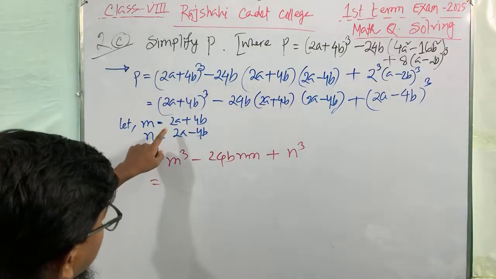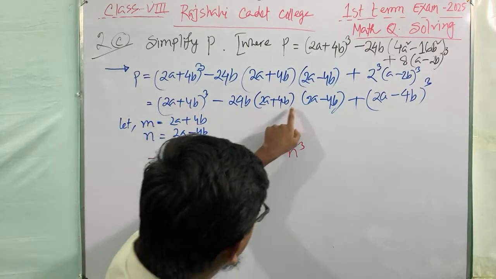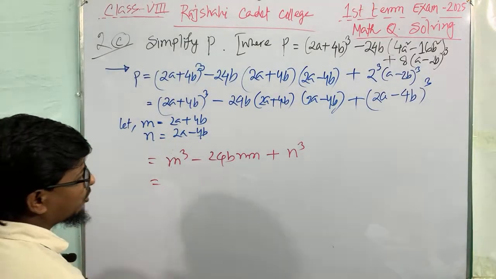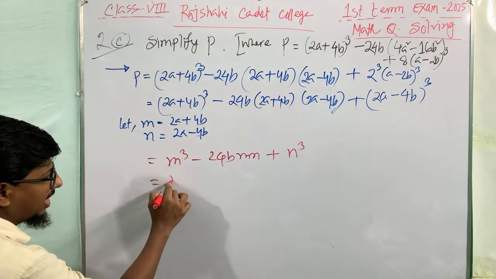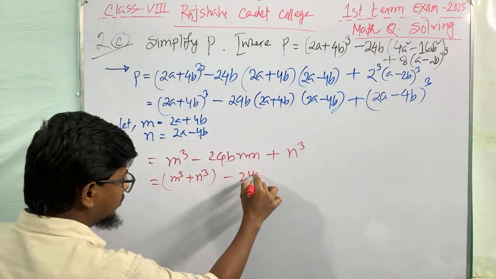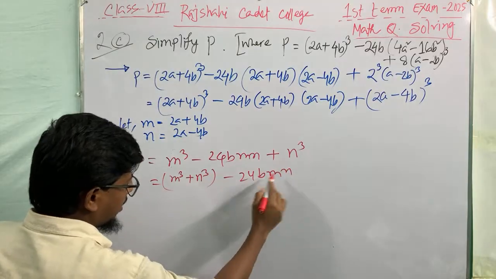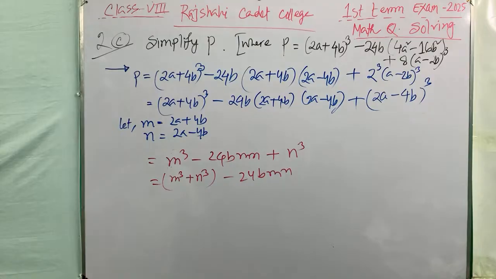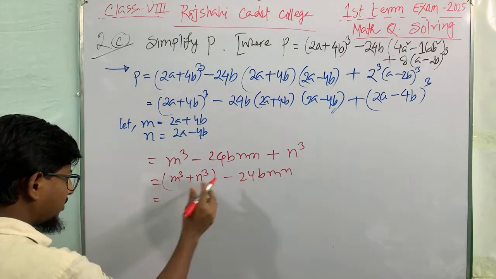I have just replaced m and n here. So now what we can do is that we can take m cube and n cube together. Let's just keep it aside.